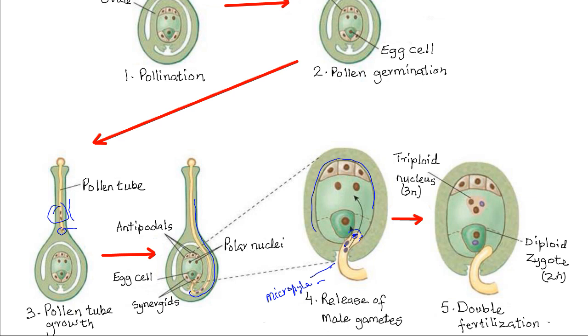Now, one of the male gametes fuses with the egg cell to form a diploid zygote, while the second male gamete will fuse with the two polar nuclei to form a primary endosperm nucleus, which is triploid.